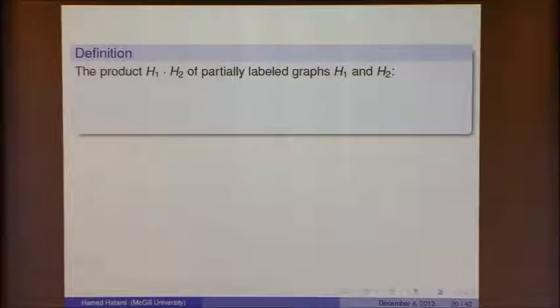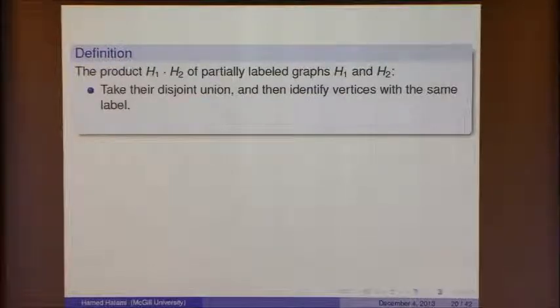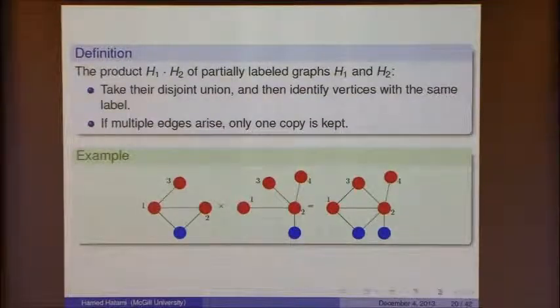Let me give you first a definition and then say what identity it corresponds to. So what I'll do is take their disjoint union as I do for unlabeled graphs, but then I'll identify vertices with the same labels. Okay, but this might lead to multiple edges, and in that case, I'll just keep one of them.